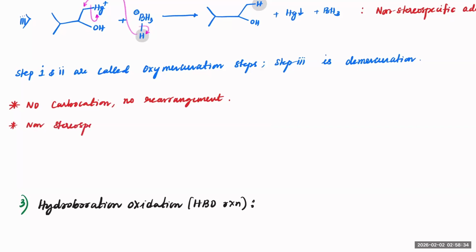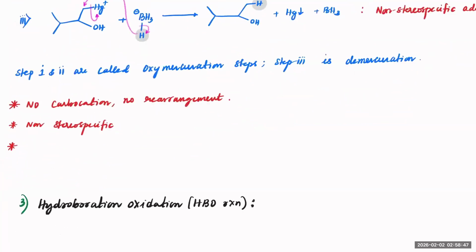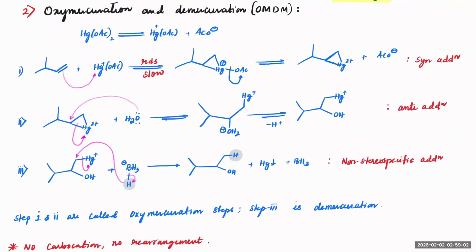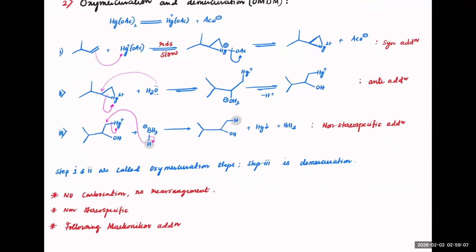And most important, the last addition which you have noticed: the H and OH are appearing as if H is on the rich side, OH is on the poor side, which means it is following Markovnikov addition. Everybody look into this case. So these are the important pointers that you need to learn from oxymercuration and demercuration.